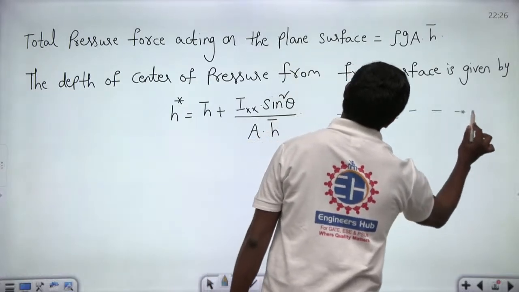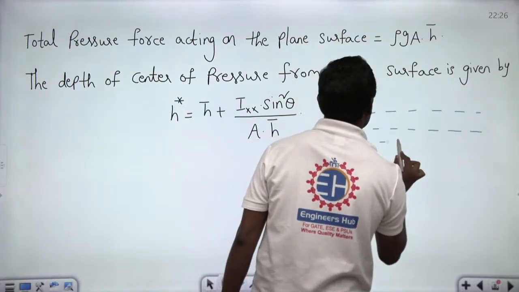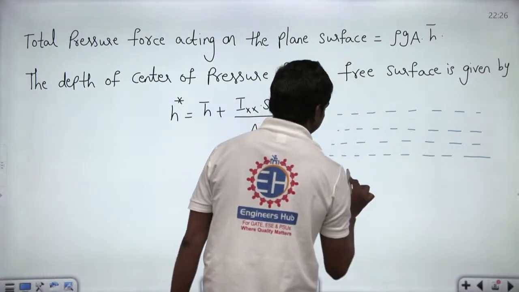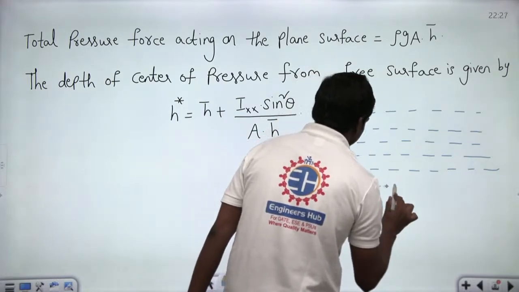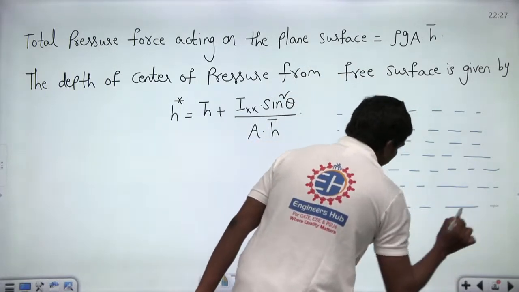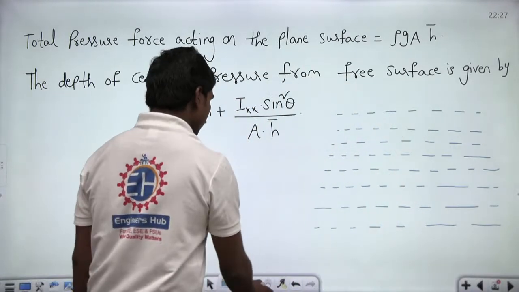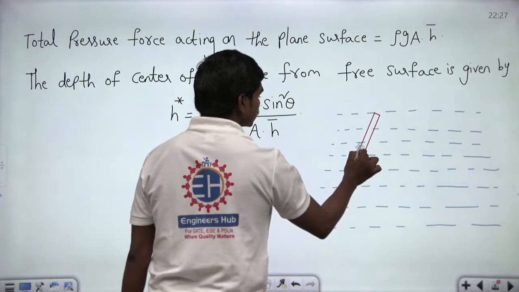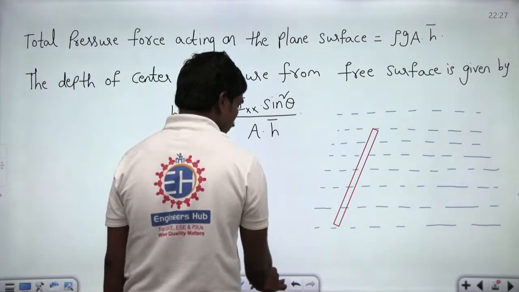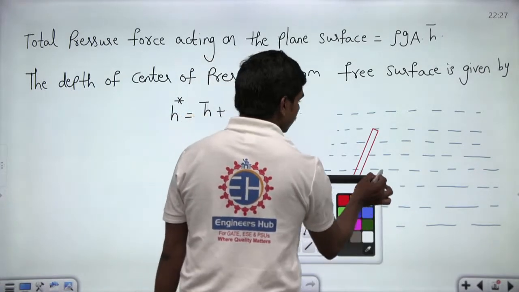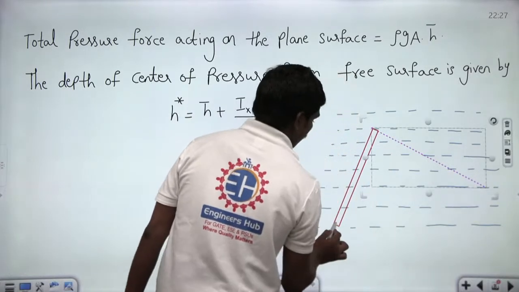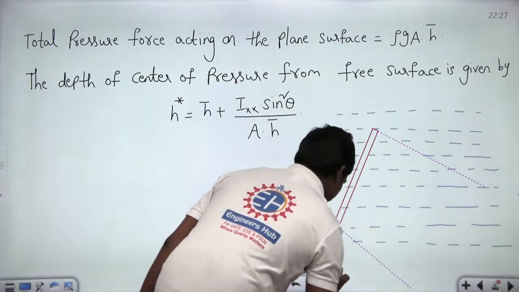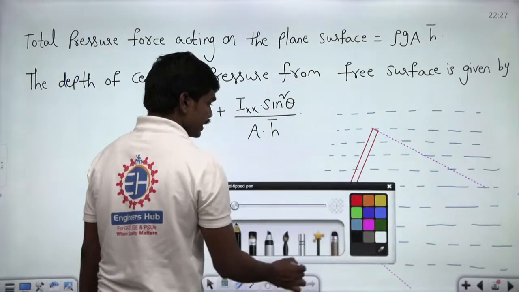Look, whenever there is some bulk of static fluid, then if this is your plate, which is at some angle like this and at some depth as well, and let us suppose there is some more liquid at the bottom, and now let us suppose your area is something like this.